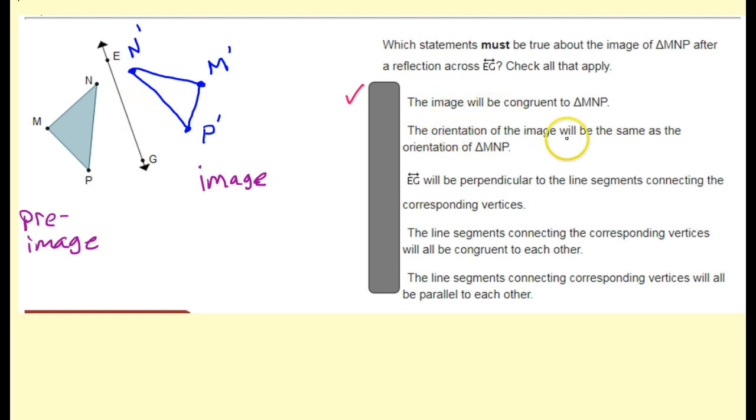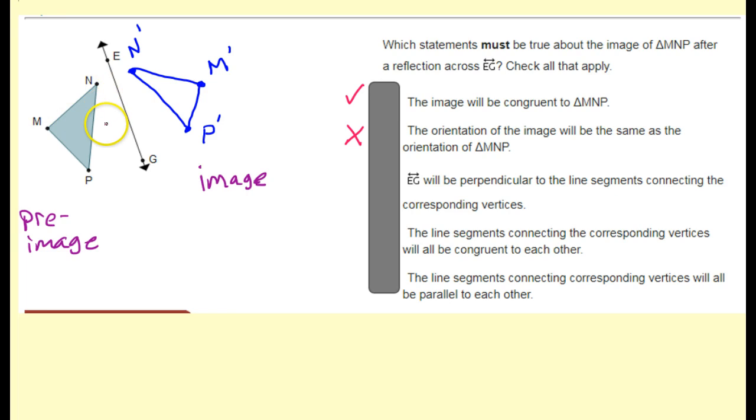The orientation of the image will be the same as the orientation of triangle MNP. That will not be true. Orientation has to do with the order of these letters. This is backwards when you do a reflection.